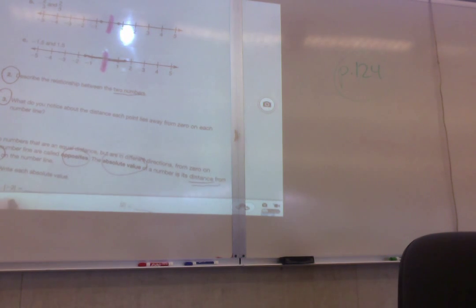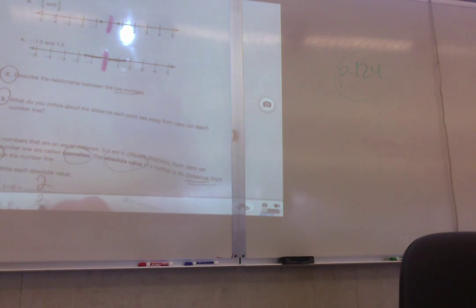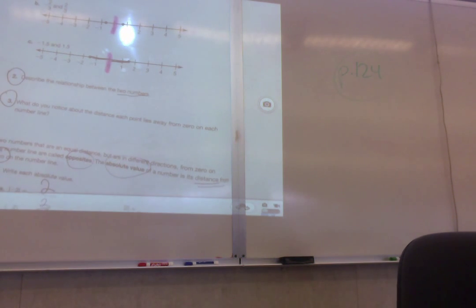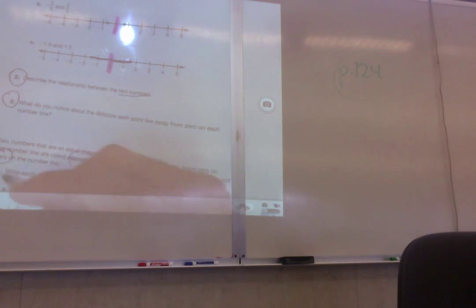So, for example, how far is minus 2 from 0 on the number line, Jerry? 2. How far is minus 2/3 from 0 on the number line? 2/3. You guys do C. Fill in the rest of the blanks, please. We're on number 4.